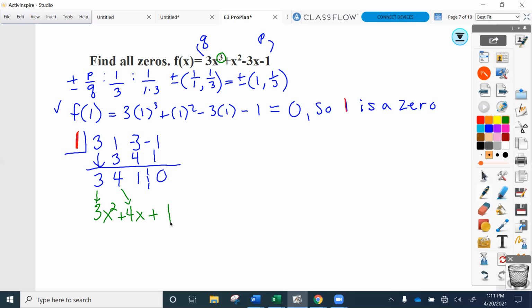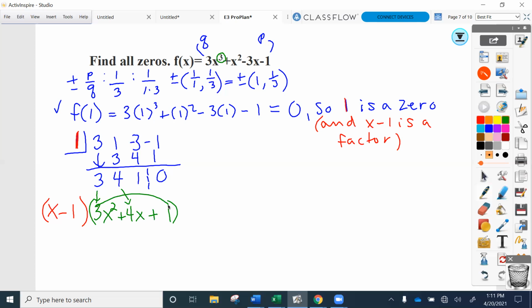So now what we know is we have one factor that looks like this, and then we have the other factor from the P and Q that we found is going to be x minus 1, right? Okay, so problem with the green factor is that it's not completely factored yet. So what we're going to do is we're going to use the slip and slide method to factor it.